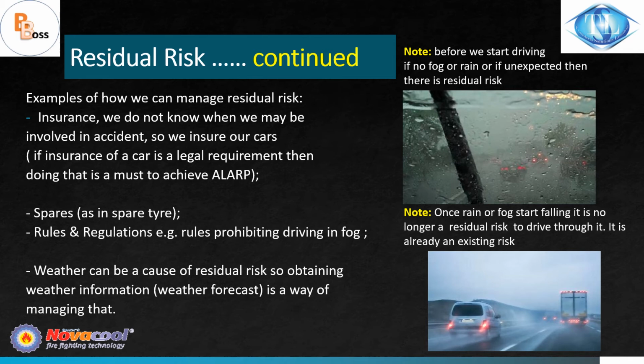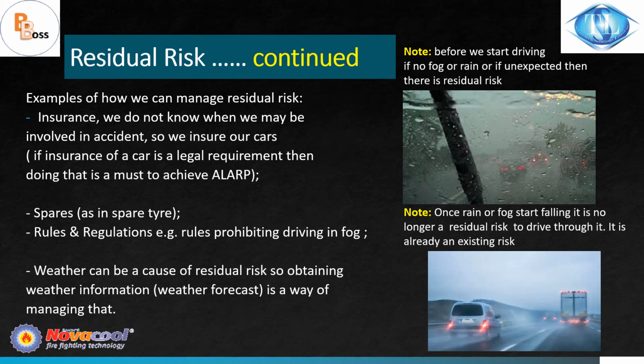Okay, what other things can we do for residual risk? Spare tires. We know that tires may rupture or puncture because of wear and tear and because of sharp objects. So what can we do about it? We can have a spare tire. We can inspect the tire from time to time.